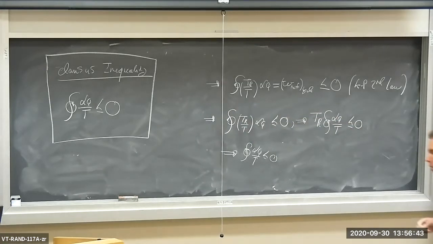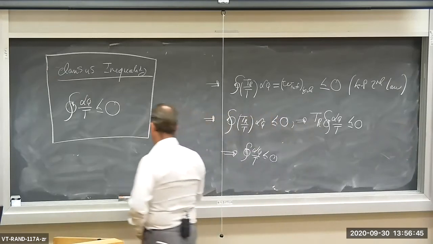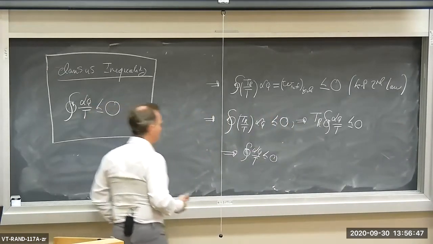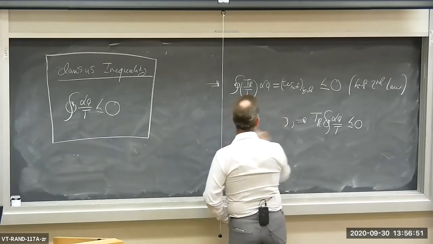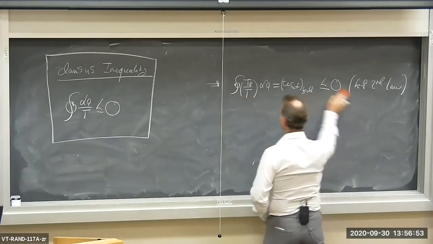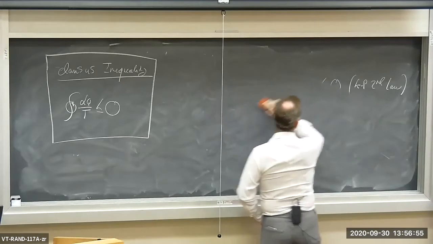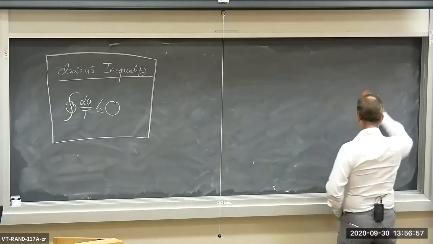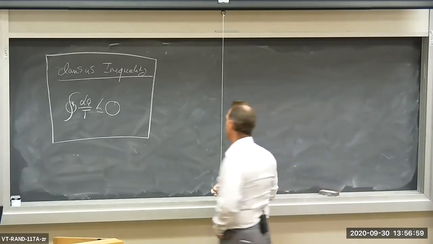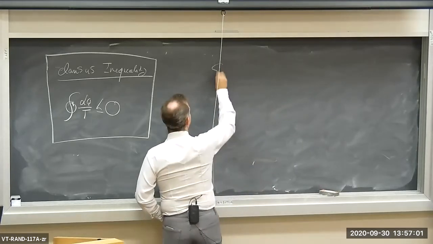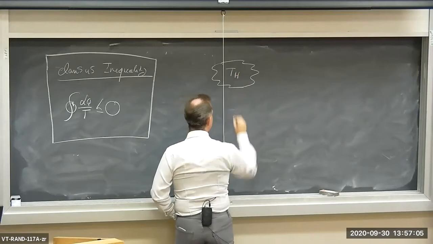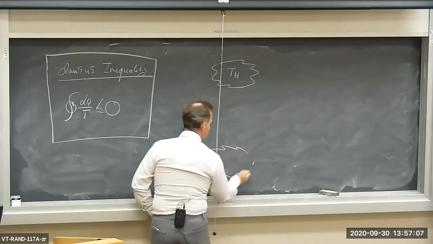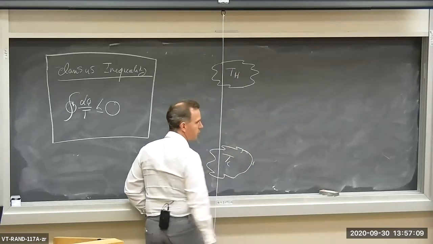Let's show that this Clausius inequality is consistent with and implies the second law in pictorial form. Let's use this Clausius inequality on a simple case. Let's say I have a high temperature reservoir and a low temperature reservoir here.